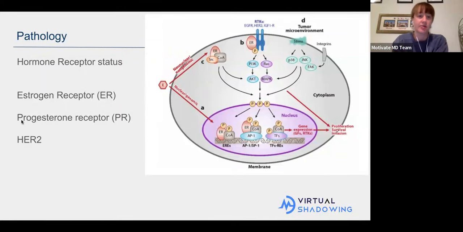But there are other medications, like I said, that will target progesterone and HER2 as well, but estrogen is really the big one. And I put up the pathway here as a callback to cell bio and biochem, which maybe some of you have taken, or even if you've taken a cancer genomics class, maybe you've seen this.